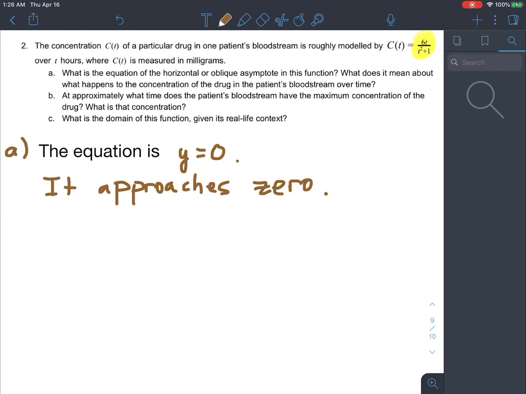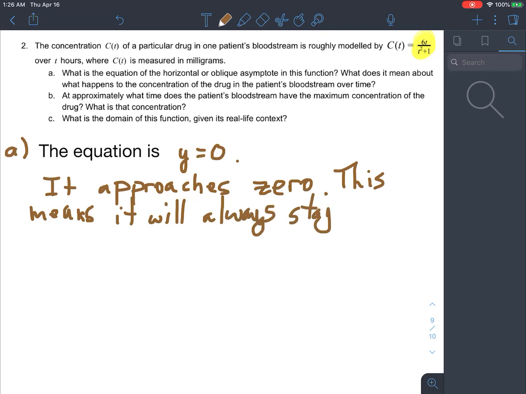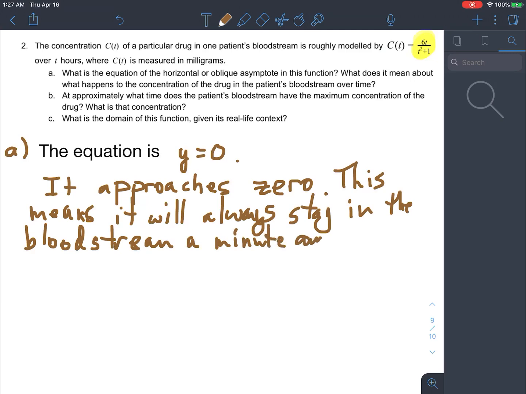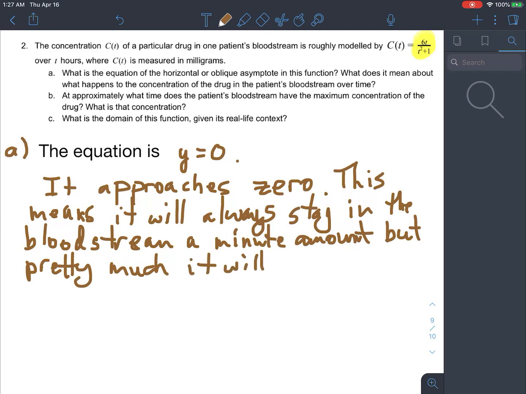It approaches 0. This means it will always stay in the bloodstream, a minute amount, but pretty much it will go down to 0.